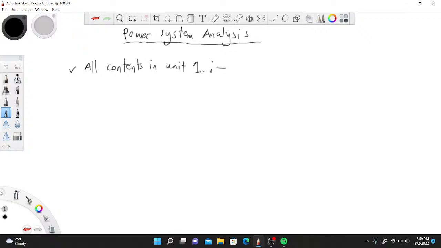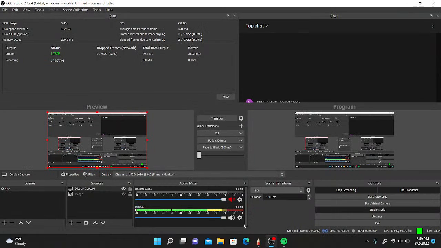Which means we are talking about stuff like the importance of load flow study, specifications of the load flow problem, then how to compute the power inputs and all those things. And then we also saw the Gauss-Seidel method and the Newton-Raphson method.